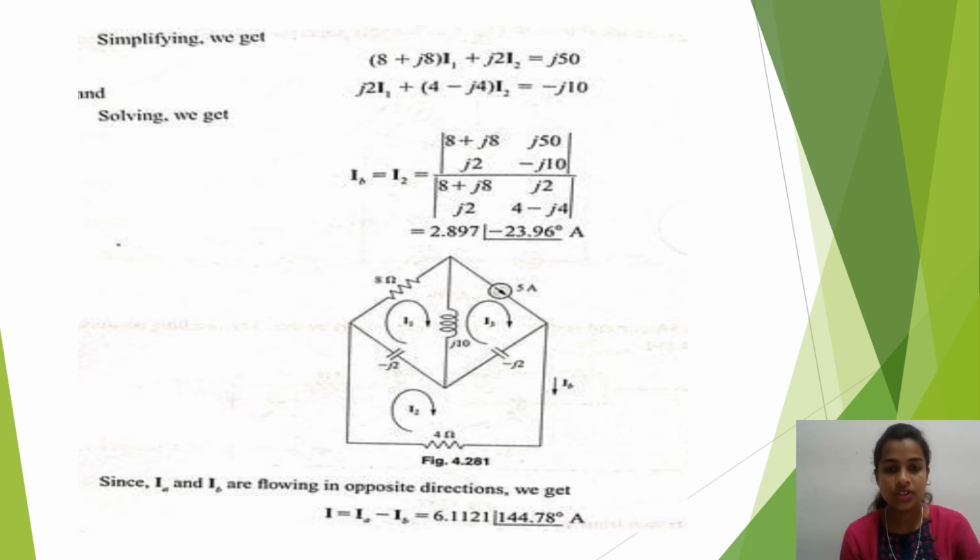After simplification, the circuit is as shown below. Since IA and IB are flowing in opposite directions, we get I equal to IA minus IB, which is equal to 6.1121 angle 144.78 degree ampere.